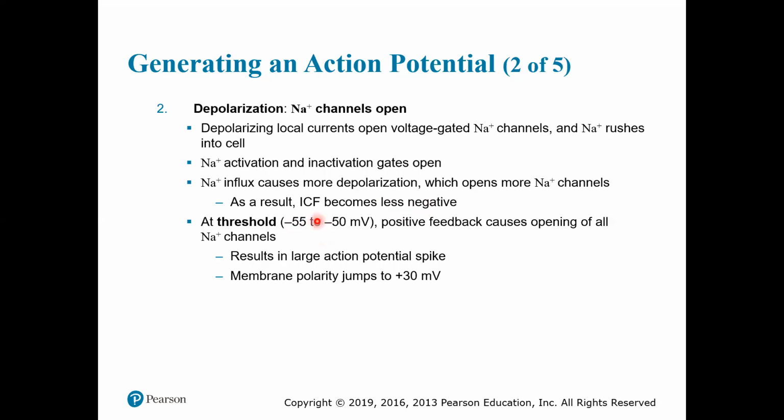And throughout the axon, you're going to have positive feedback causing the opening of all the sodium channels along that axon. The peak of an action potential, the action potential spike, is plus 30 millivolts, very highly depolarized.